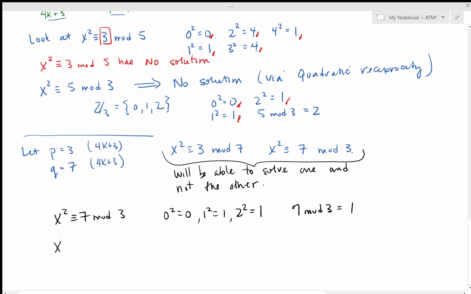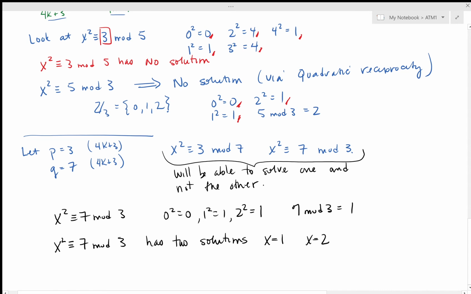Okay, so I in fact found the solution. x squared congruent to 7 mod 3 has a solution. In fact, let's do this properly, it has 2 solutions, and those are x equals 1 and x equals 2.